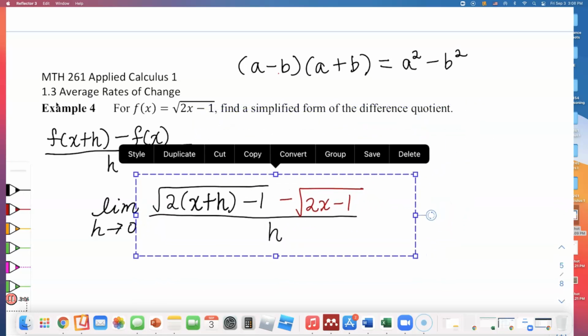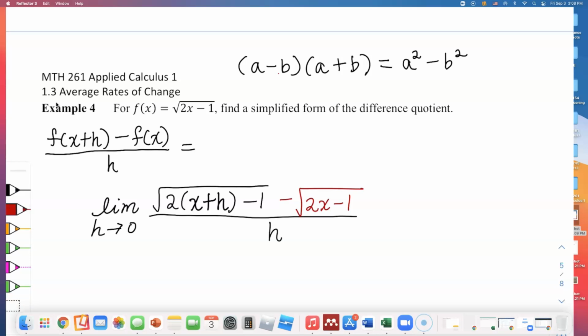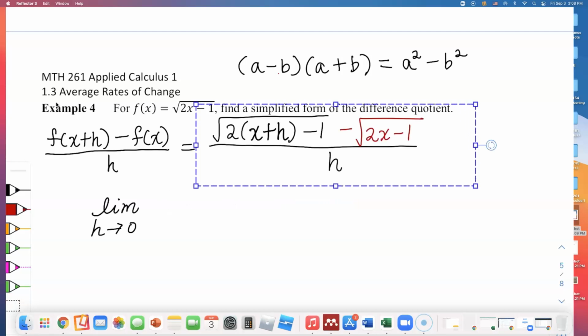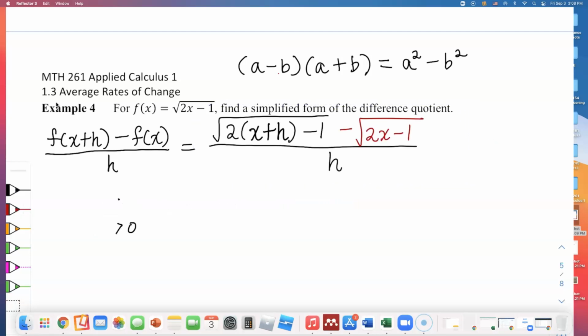But what will be the problem if I do that? I'm going to end up getting 0 in the bottom of the fraction, and that's not good. That's undefined in math. So what we're going to do here is a little different. We're going to multiply both the numerator and the denominator by the conjugate of what we have up here.